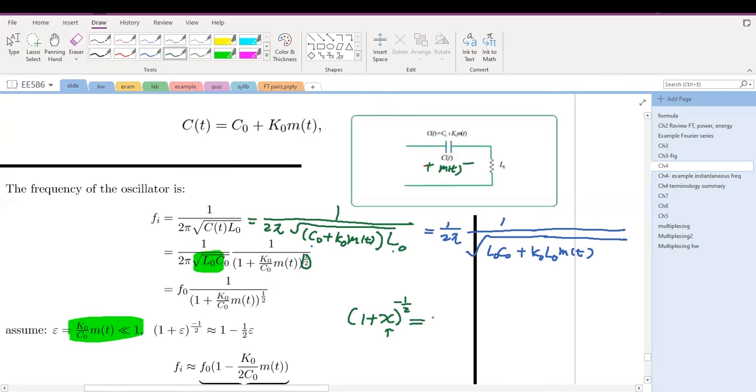Using Taylor's expansion, that approximately equals 1 minus half x. So we use this approximation here. I use epsilon here, the same thing.